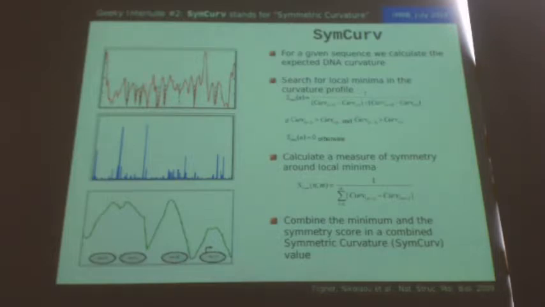You go from a curvature profile that is not so informative to a symmetrical curvature profile that is more informative. And these are the actual nucleosome positions of the first sequence that we looked at. This is the mouse mammary tumor virus sequence from Otter.